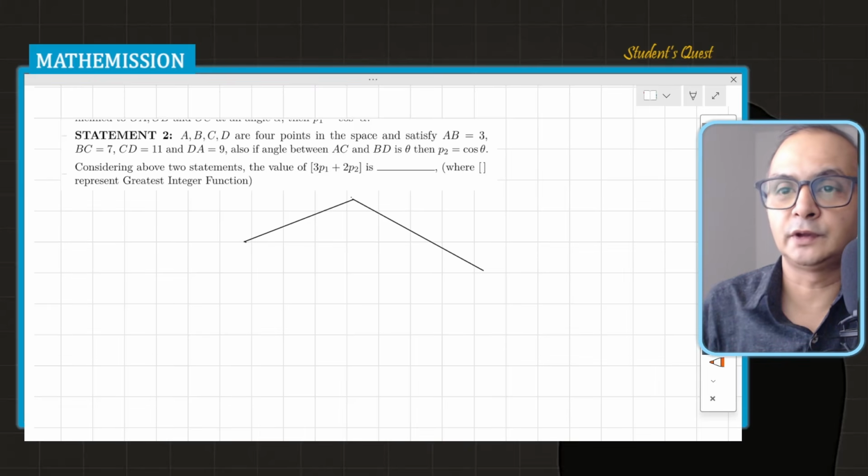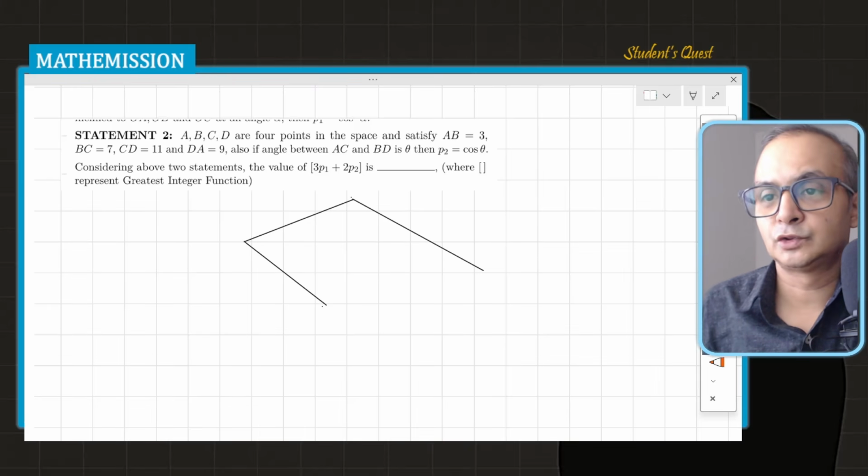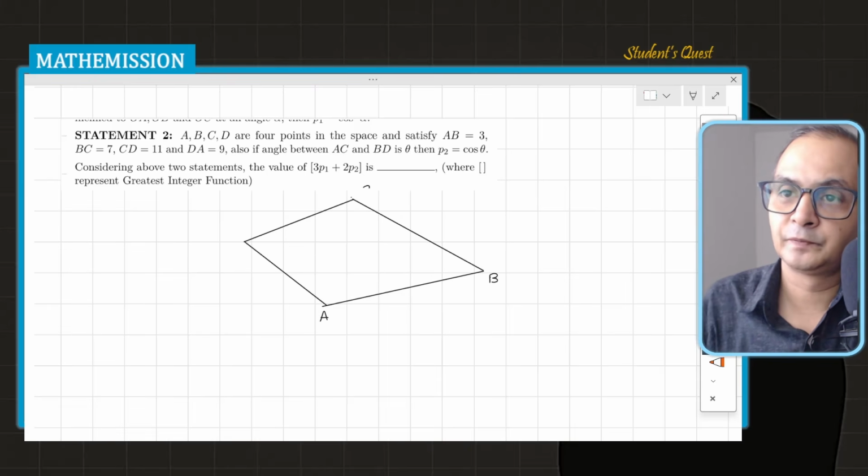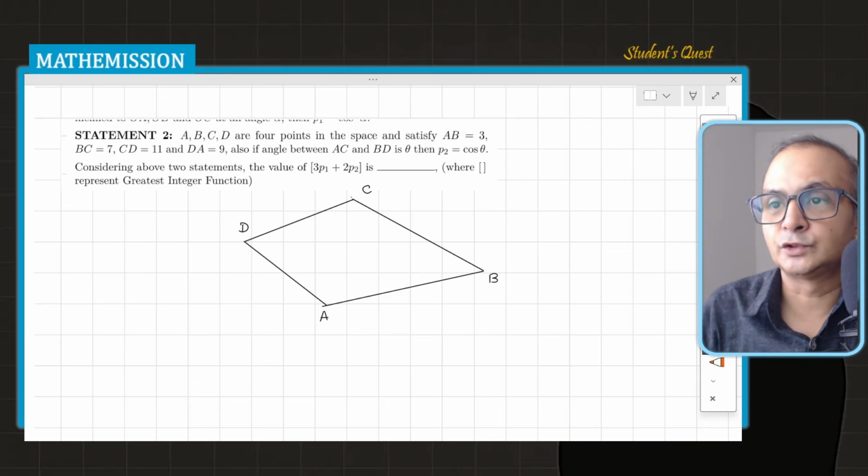I don't know whether it is a parallelogram or a quadrilateral. Let's first draw roughly AB, CD. The lengths of AB, CD are given. So AB is 3 units roughly, BC is 7 units, CD is 11 and DA is 9.